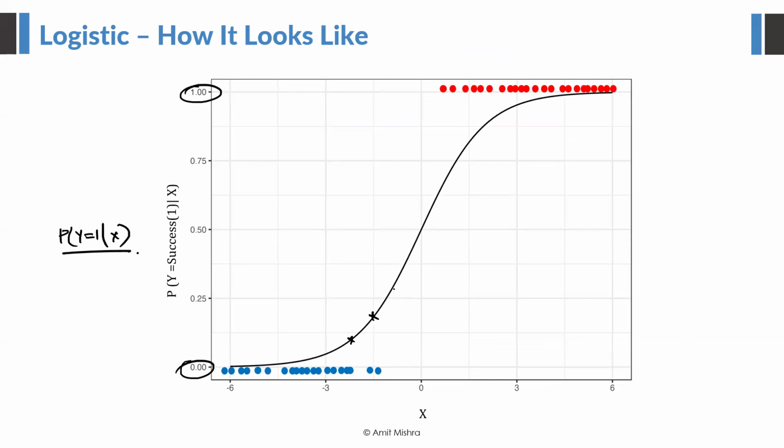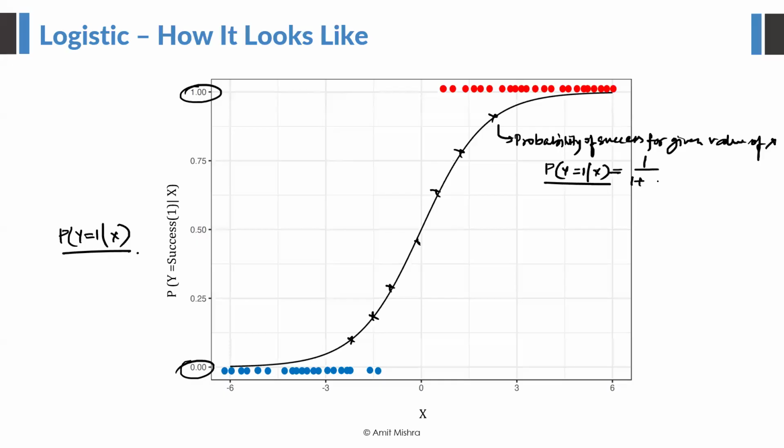This is how all the samples will look. All these points that you see represent the probability of success for a given value of x. You can also say it is represented as the probability of y equals 1 for a given value of x. And the formula that it uses is 1 upon 1 plus e to the power minus z. This is how it works.